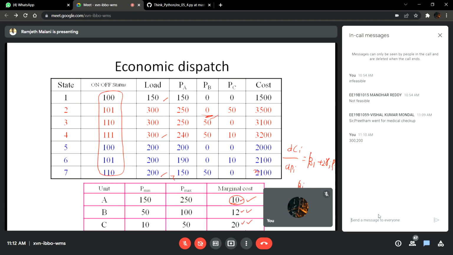It's in increasing order. So first you commit the first generator, give first priority to that generator.